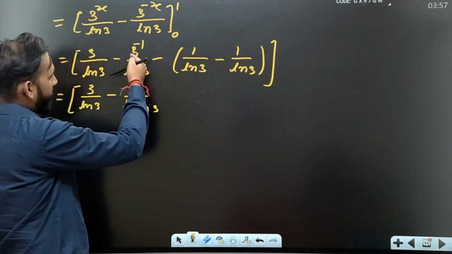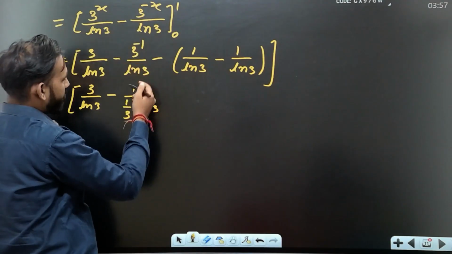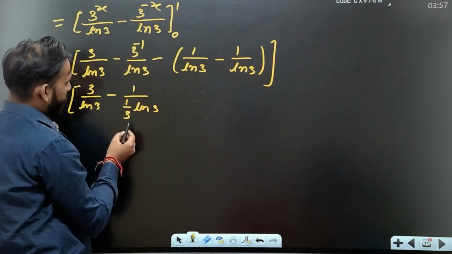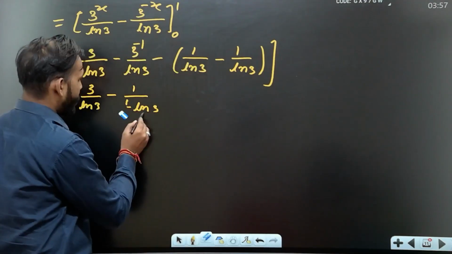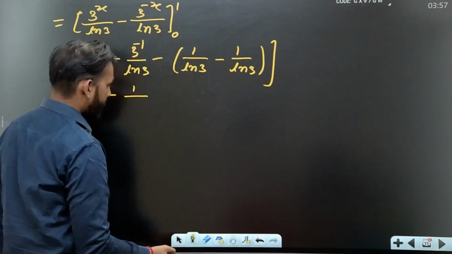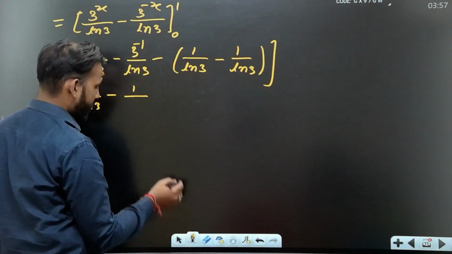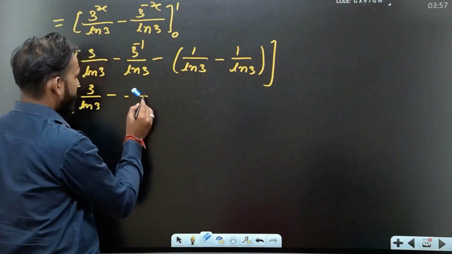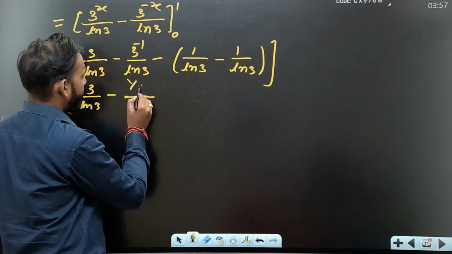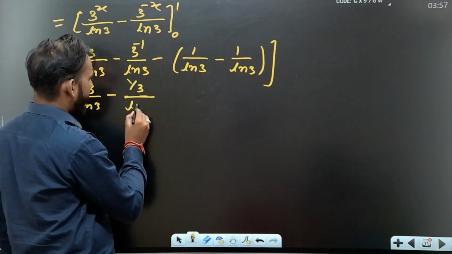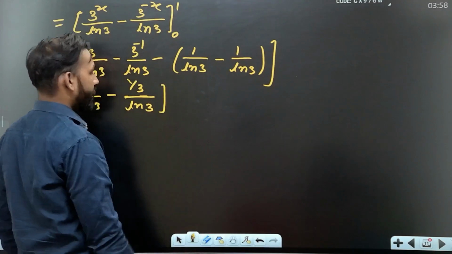We can write this expression as 1 over 3 in the numerator, and denominator is ln 3, right?